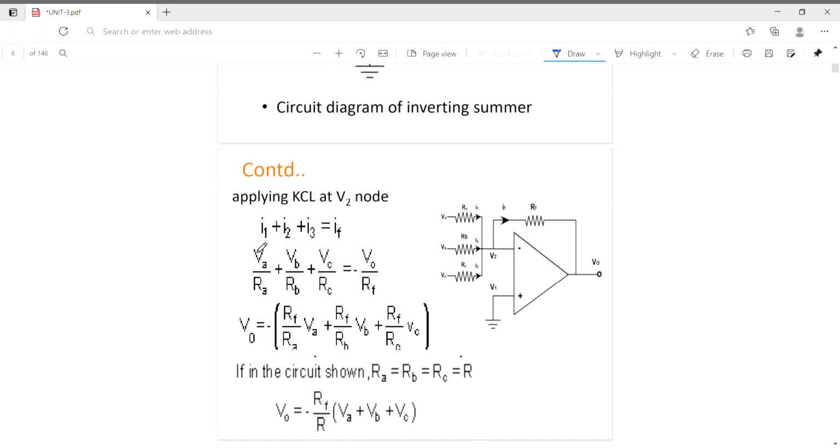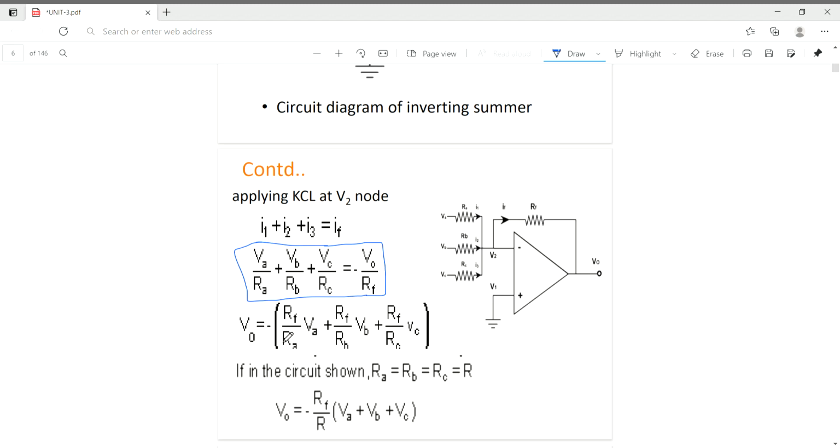Then we have I1, I2, and I3, which are the currents through these three different input voltages, and the output is given as V0. RF is the feedback resistance, VA, VB, and VC are the three inputs, and RA, RB, and RC are the respective resistances.